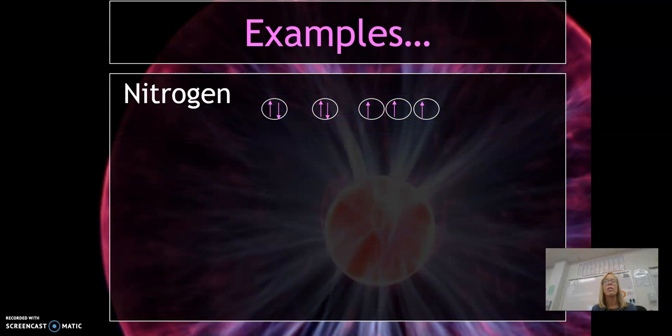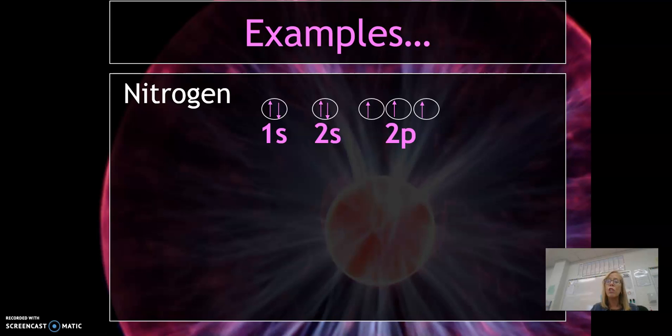All right, so nitrogen. You'll remember the electron configuration for nitrogen is 1s2, 2s2, 2p3. So you have a circle or a line for your 1s with 2 electrons, and a circle or a line for the 2s.